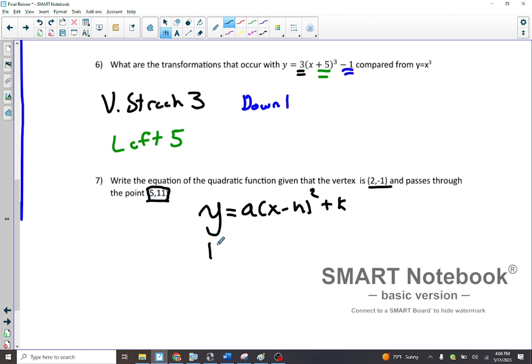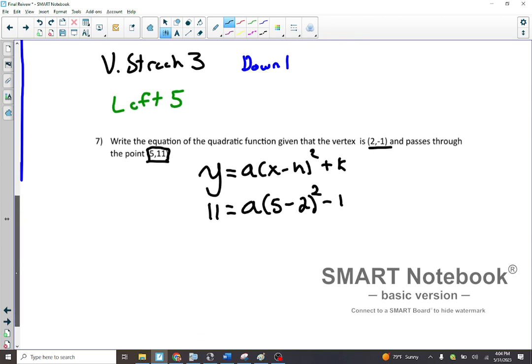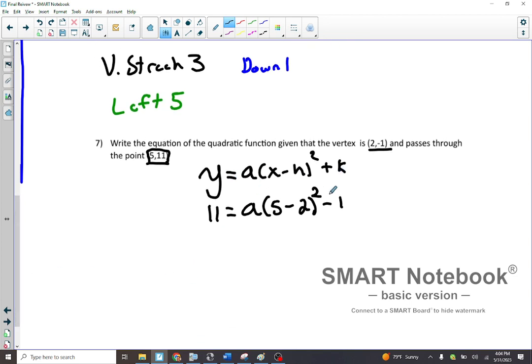In this case, I have a non-vertex particular point here. So I can plug in 11 equals, I don't know what a is, and realistically that's what I'm trying to find, times 5 minus my h, which is 2, squared, plus the k value, the y of the vertex, which is negative 1. I just plugged in everything I knew.